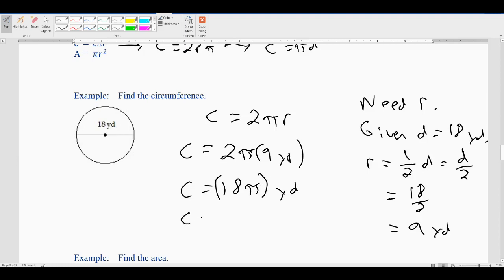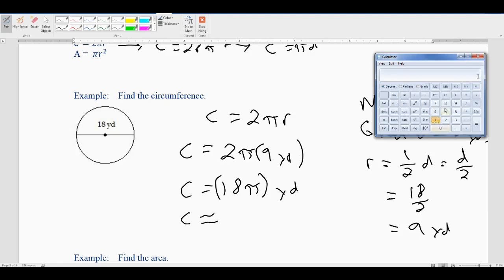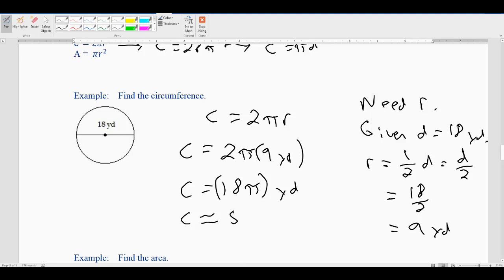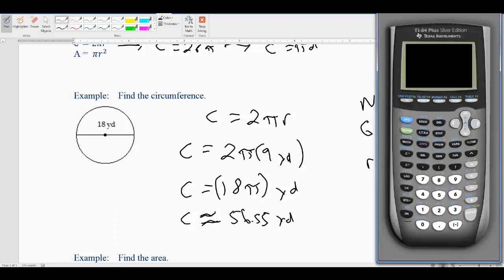And if I wanted to use a decimal approximation, I can take out my calculator and type in 18 times pi equals, and we get something like 56.55 if I go 2 decimal places, yards. And that squiggly means approximately. If I use a graphing calculator, I can just type in 18 second caret and get that. Not too bad.